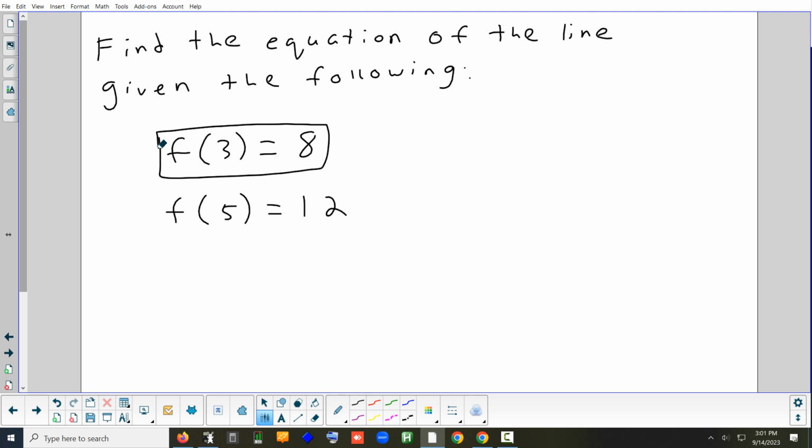f of 3 equals 8. Think about when you have this number, the 3 would be what kind of value in a coordinate? That's the x.